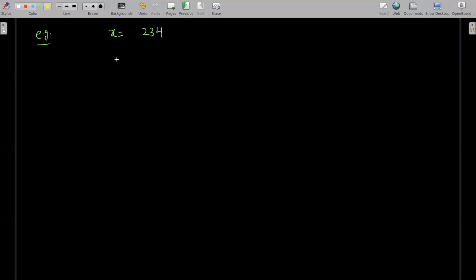But on the other hand, when we have something like 1 by 3, the computer will simplify it to 0.333 and so on. Let us say you have a calculator which has a limit of 4 digits. Then that calculator will write 1 by 3 as 0.333. So 1 by 3 is the exact value of the number. This is called exact.